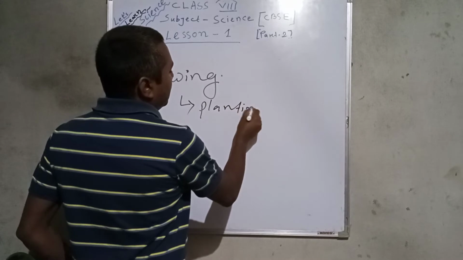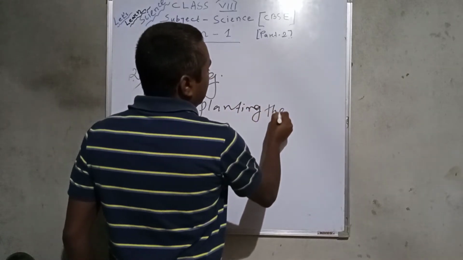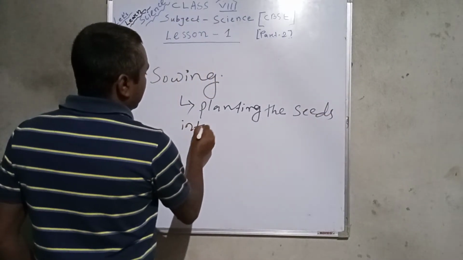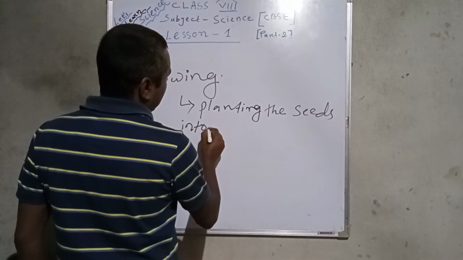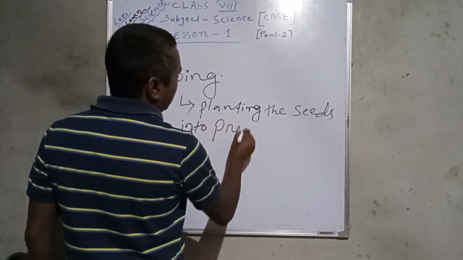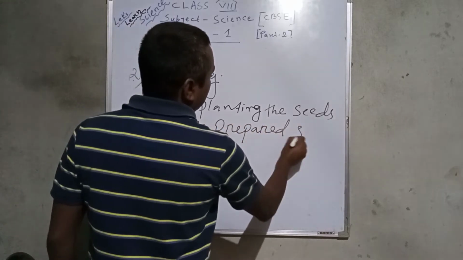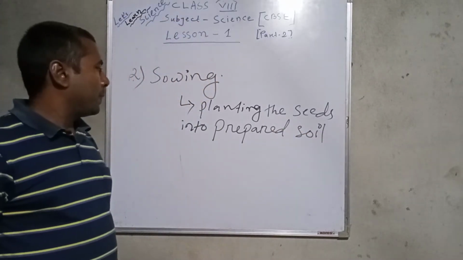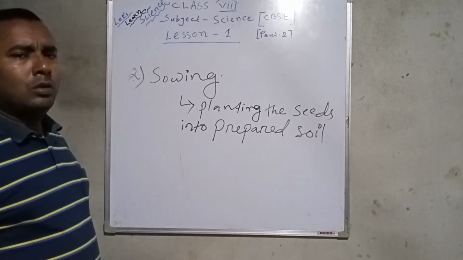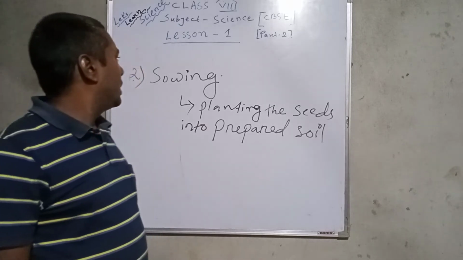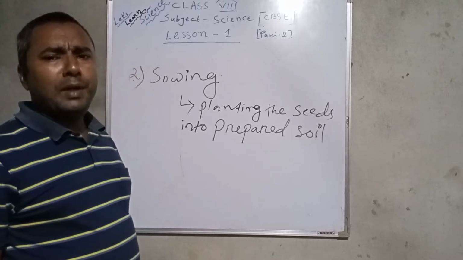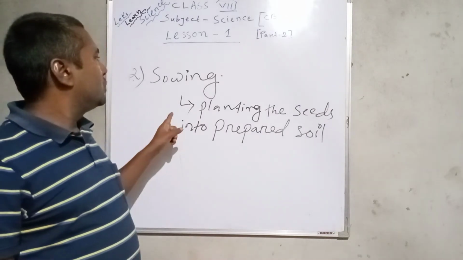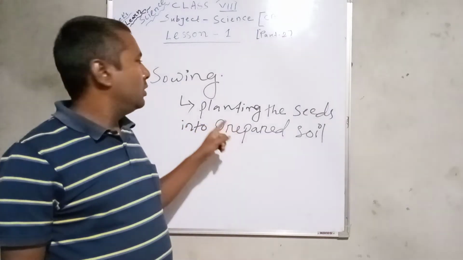Sowing means planting the seeds into prepared soil. Now, the question is, what are the different methods involved while sowing seeds?